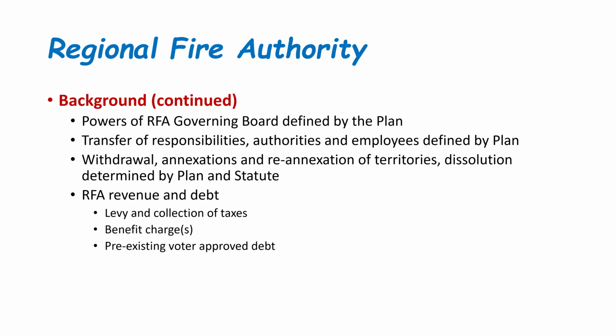One of the things that happened in our two RFAs we have in this county, one is Yelm or Southeast Thurston, and the other is West Thurston. In the case of Southeast Thurston, they chose to dissolve Fire Districts 2 and 4, and they no longer exist legally.